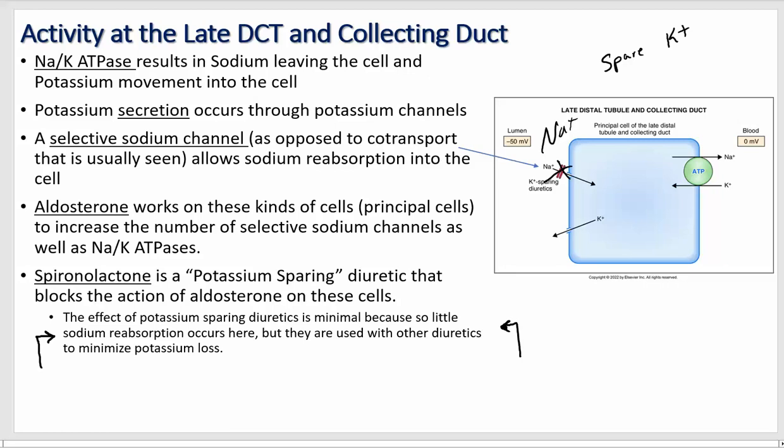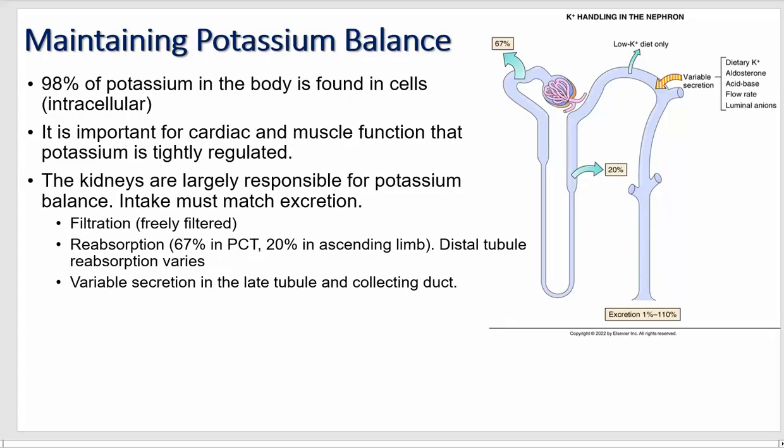If you're taking another diuretic that causes dumping of potassium and you're losing a lot of potassium, then you can take spironolactone, this potassium-sparing diuretic as well, and then you don't have as much of a loss of potassium. It kind of conserves that potassium. All right, so maintaining potassium balance.